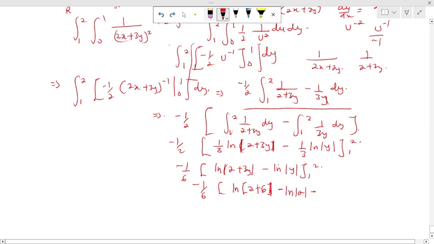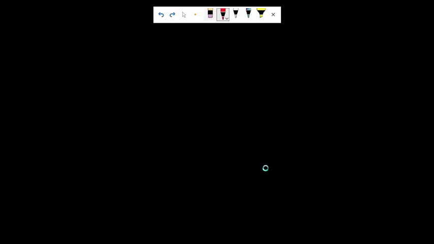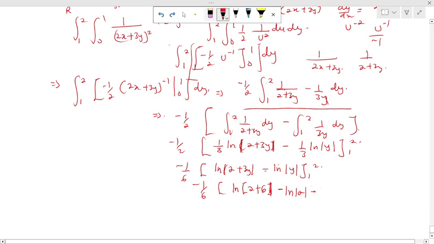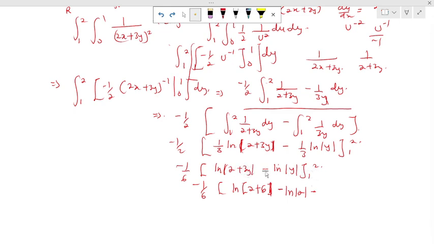So I think I had here, when I put the 2 here, I'm getting 2 plus 3. So when I put the 1, 2 plus 3 plus 1, it gave me natural log of 5, right?